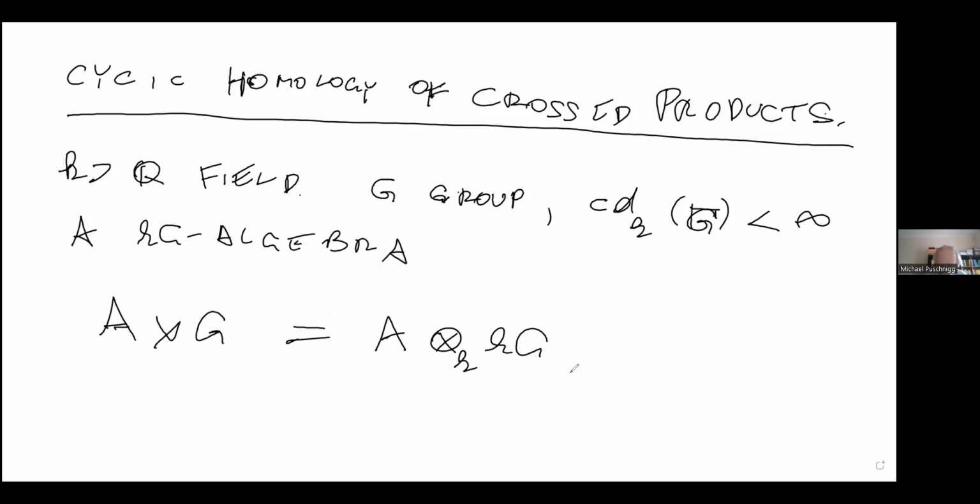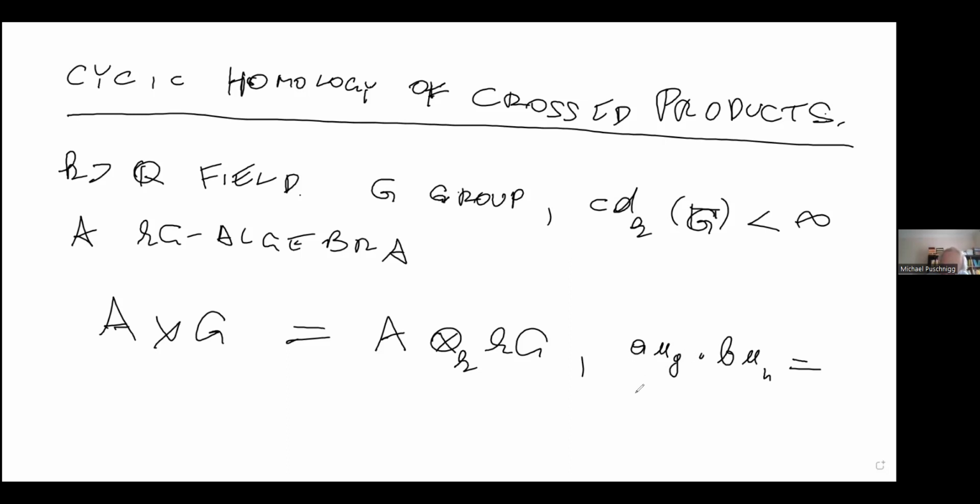And the multiplication is such that the product of a basis element, let's say a u_g, by another basis element b u_h is just: whenever you pass a basis element of the group ring across an element of the algebra, then you act on the algebra element by this group element.